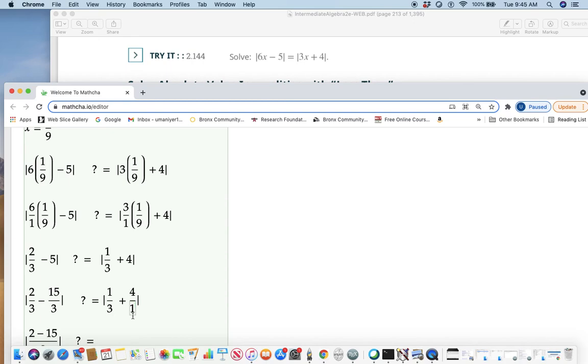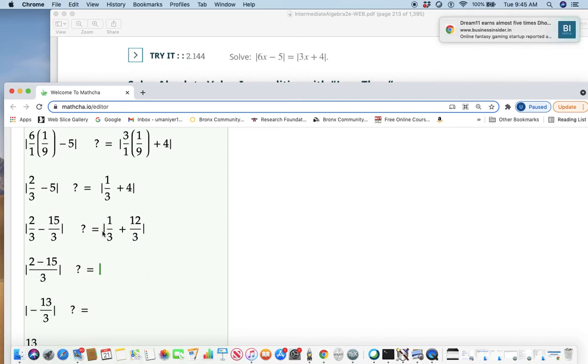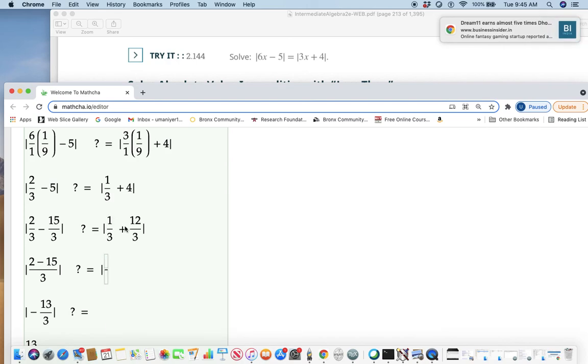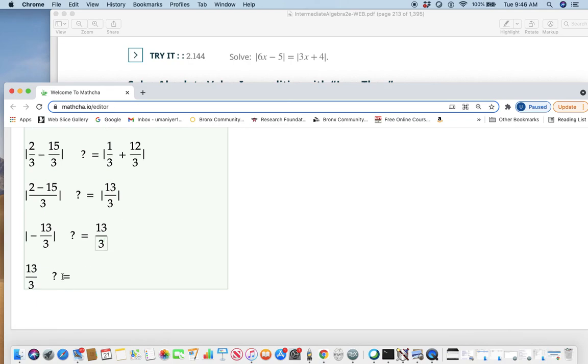You need common denominator 3, so multiply by 3 the numerator and denominator. That gets you absolute value fraction 1 plus 12, 13 over 3, which is fraction 13 over 3, and you are fine. Okay, so this gives you yet another solution.